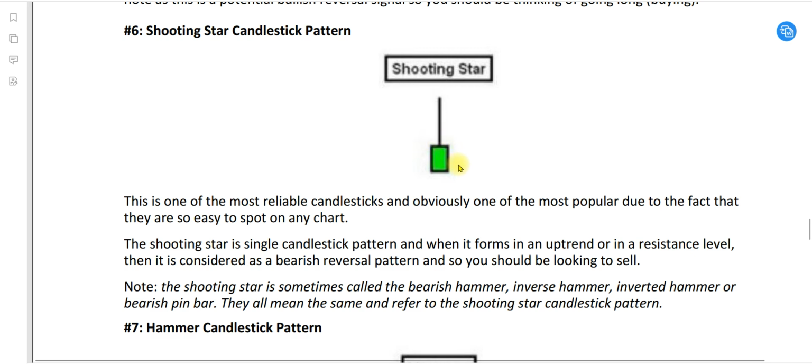So whenever you see this shooting star formation at a resistance zone, it is telling you that the sellers are in the market. They are putting in pressure and they want to sell. So whenever you see this in an uptrend on a resistance level, it is a signal to you as a trader that we may be ready to sell.